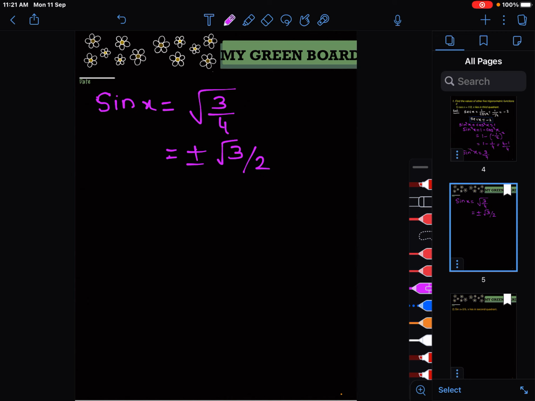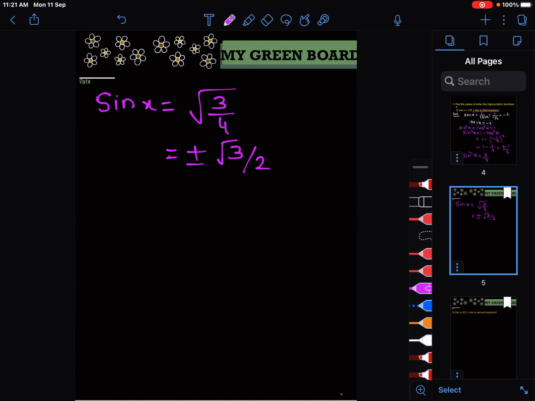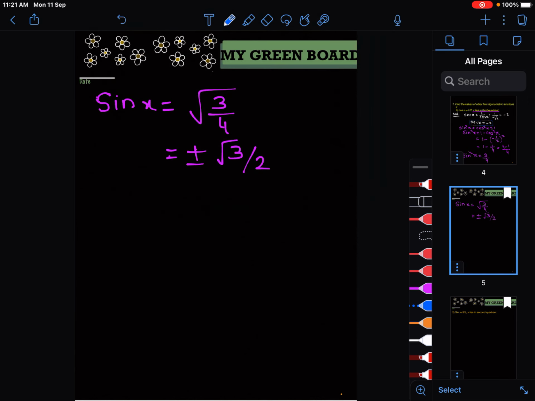From this question we know that x lies in the third quadrant. In the third quadrant we have only tan and cot as positive. The rest will all be negative. So the sign of sin here will be negative.